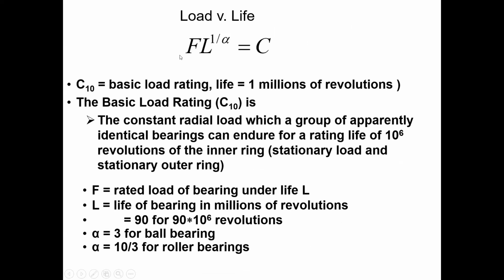One side is the catalog, from the record, and the other side is the desirable. So it's a constant. We set C10 always as the basic load rating, equivalent to 1 million revolutions, which is 10 to the power of 6.